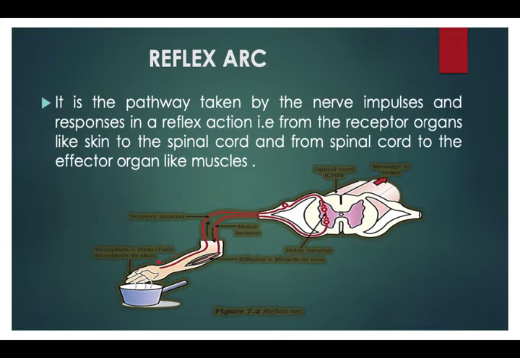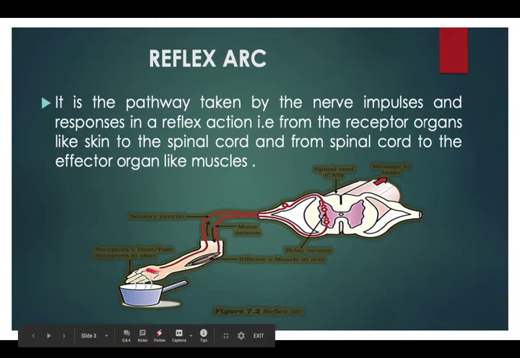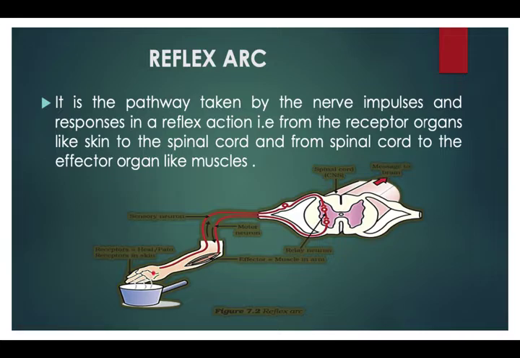Here the hot stimulus is received by the receptors in the skin of our hands, which is a heat or pain stimulus. It then moves through the sensory neuron towards the central nervous system, up to the spinal cord.